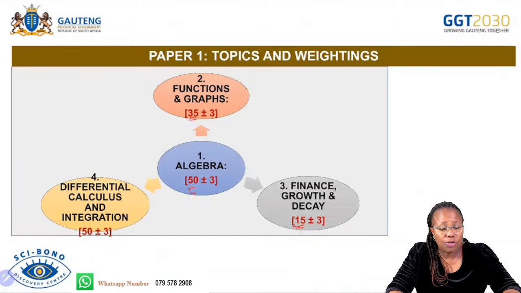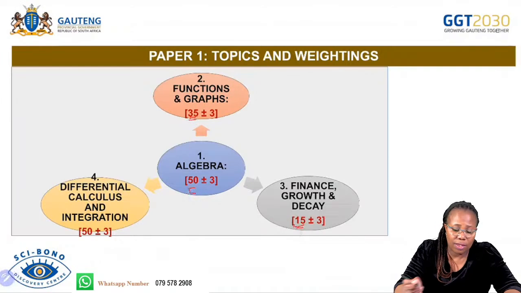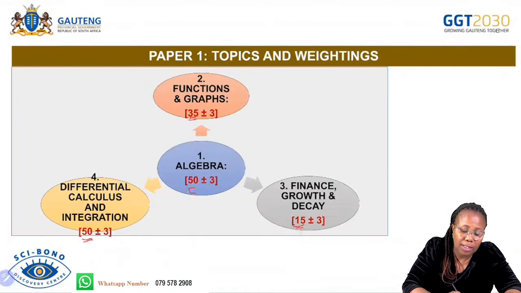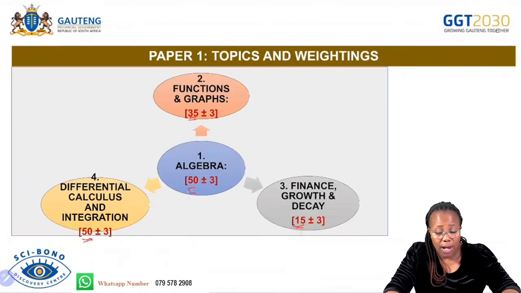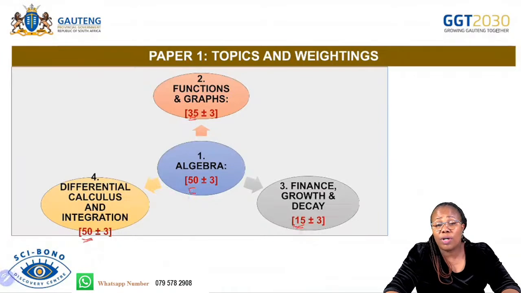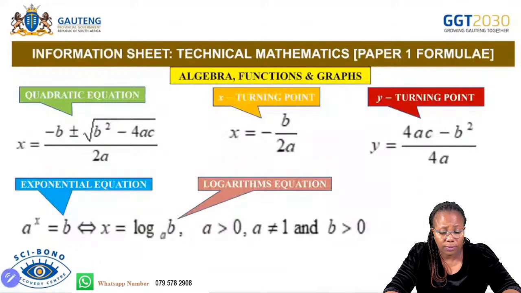The last topic is differential calculus and integration. Those two are always friends, with integration in between, and they are worth 50 plus minus 3 on paper 1. Those are the weightings and the topics for paper 1 grade 12.